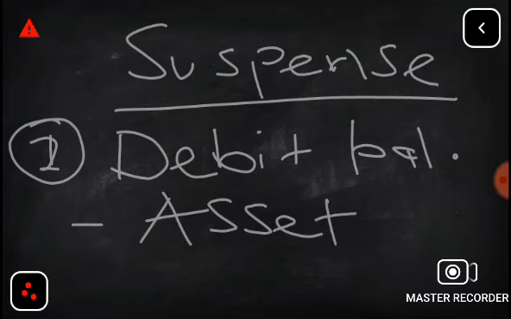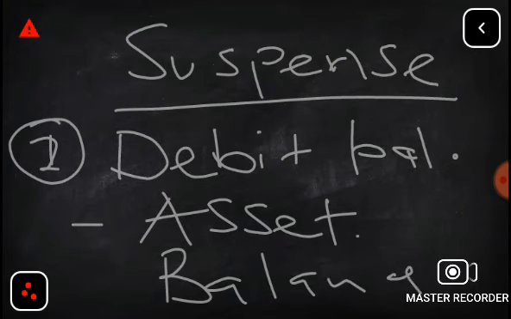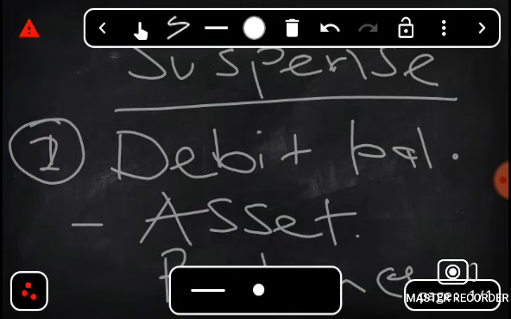Usually we take this balance on the current assets, because next year we'll be able to know where we should take it. So it's a current thing, it's not a fixed thing. So you must take it in the current assets in the balance sheet. So that's where we take the suspense account when it has a debit balance.